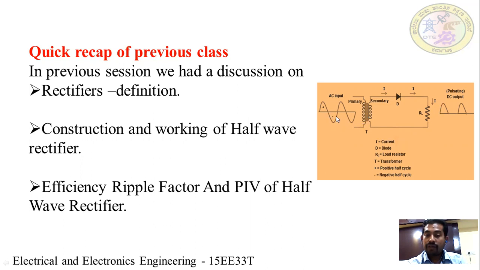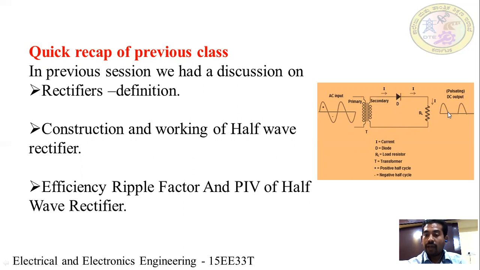During the negative half cycle, this terminal becomes negative and this terminal becomes positive. Hence, the diode is under reverse biased condition, and there is no current flowing through the circuit and through the load.